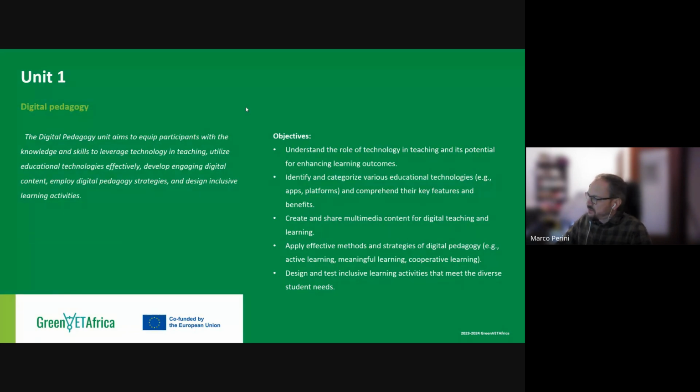I will present you several kinds of educational technologies during the course, but at the same time we will talk a lot about the methodology that we have to use in order to employ these technologies, because the second thing is more important than the first.